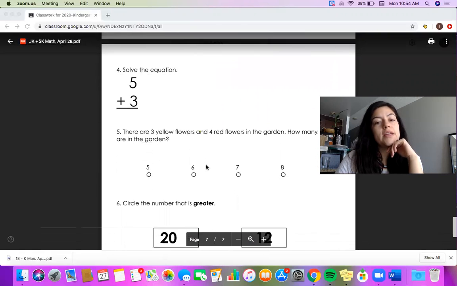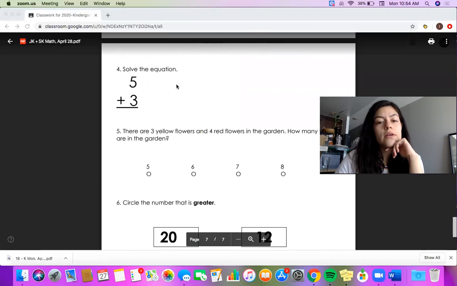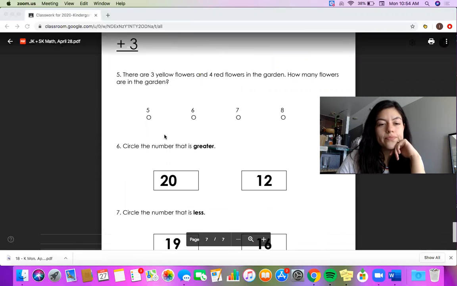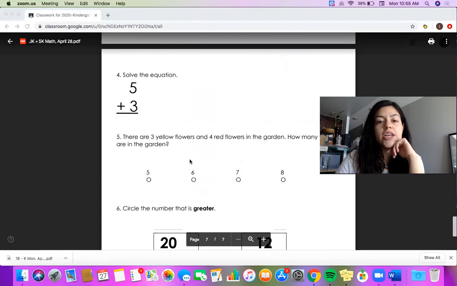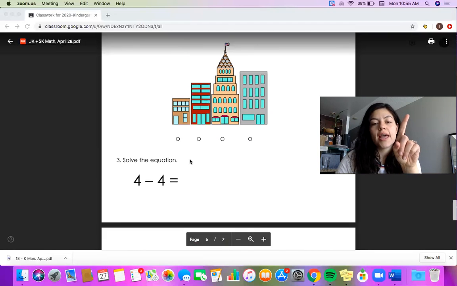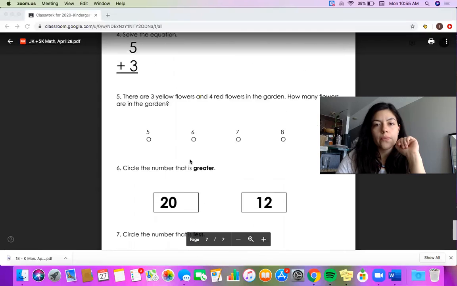And on the second page, you have some more equation problems. Here's an equation. Here is a word problem. And at the end, SKs, there's a little bit of number sense. Okay, finding the number that is greater or lesser. Remember, JKs, just the first page, and SKs, both pages for review.